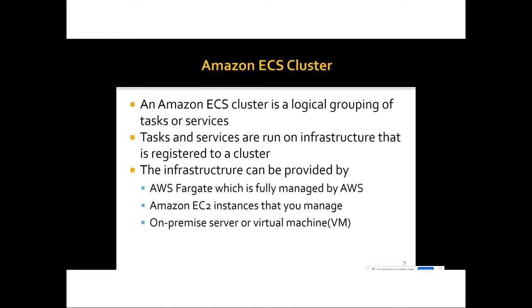So finally, the third one is AWS Fargate. And we will just use that one because in this case, the infrastructure is provided by AWS Fargate and is fully managed by AWS. We don't need to worry about how to maintain it.